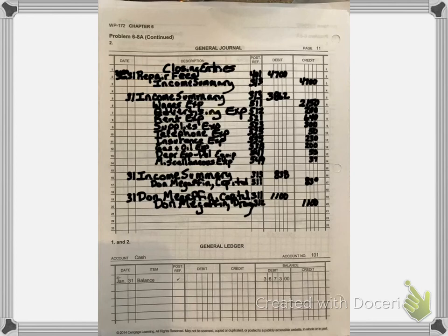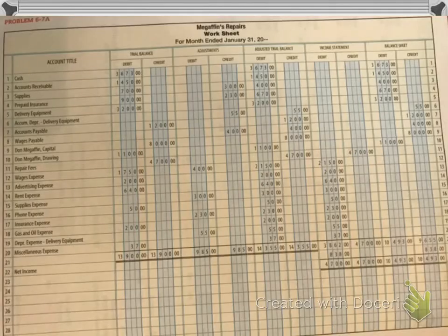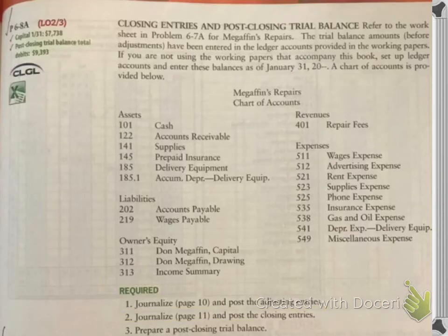So after all of the closing entries have been posted, all of your temporary accounts should have a zero balance. So in other words, revenues, expenses, and drawing should have a zero balance. But the next step in the process is to make sure that's the case.